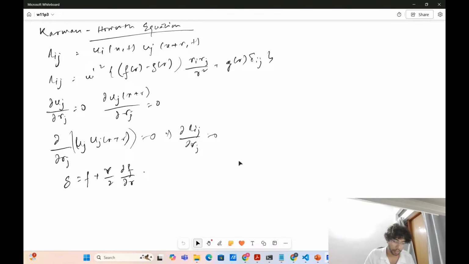Now what we'll do is take the momentum equation, which is del t of u_i plus u_k del u_i del x_k equals minus del P del r_i plus nu del square u_i.